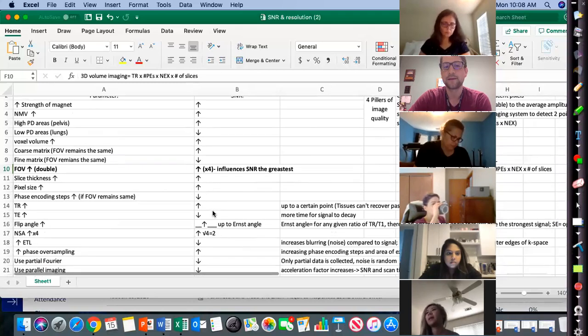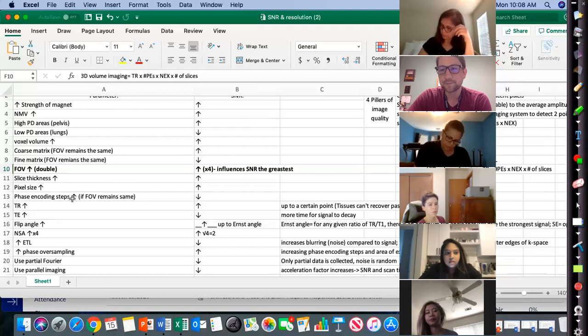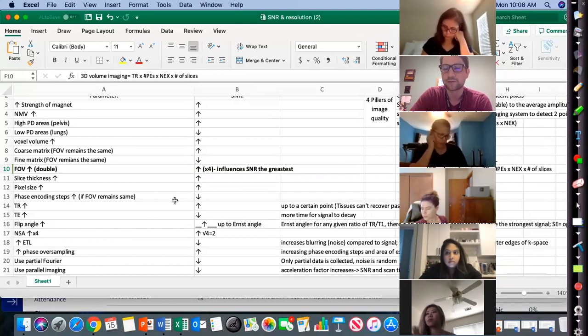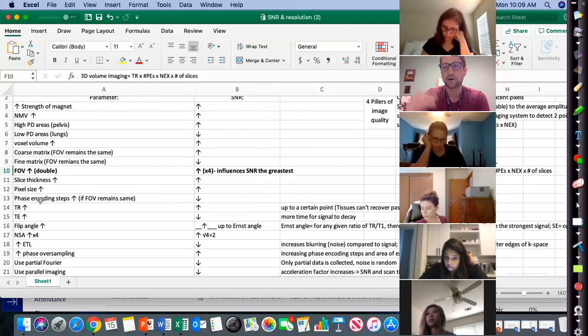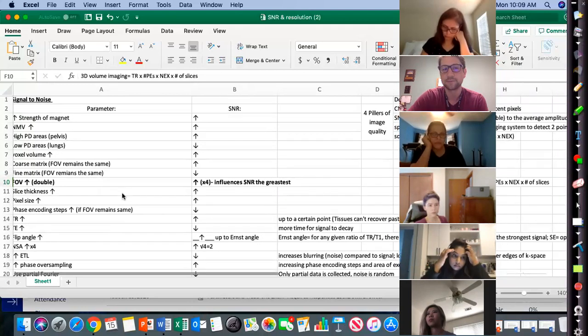SNR. So what that means is our phase encoding steps increase, so our matrix on the phase encoding axis is going to increase. And when that happens, you get smaller pixels or voxels, so you're going to get less SNR. Don't get confused by the term phase encoding steps, because you automatically want to go to scan time, but here it's just asking about signal.